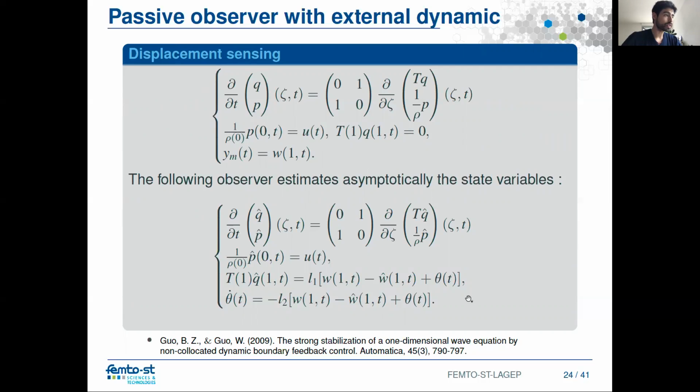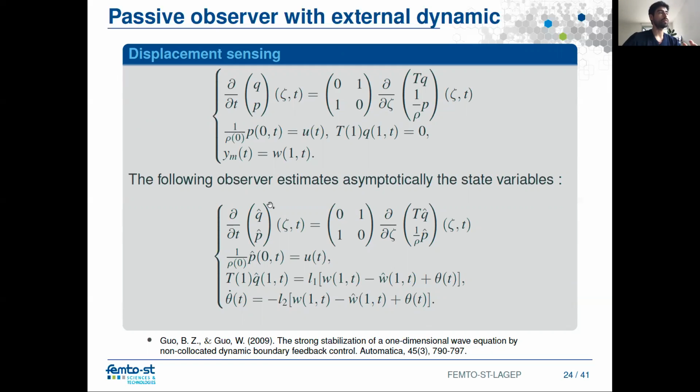Here you can see the observer, the only information that it takes is from the input, the actuation, and W, what we can measure, but all the rest is known from the system. And we have an external dynamic, this theta, and this was an observer that they used in Google 2009, and they proved also the asymptotic stability.